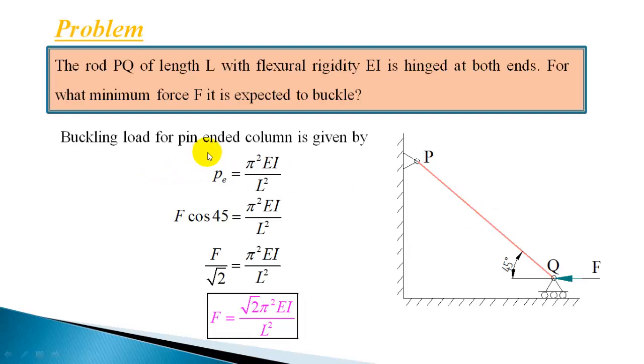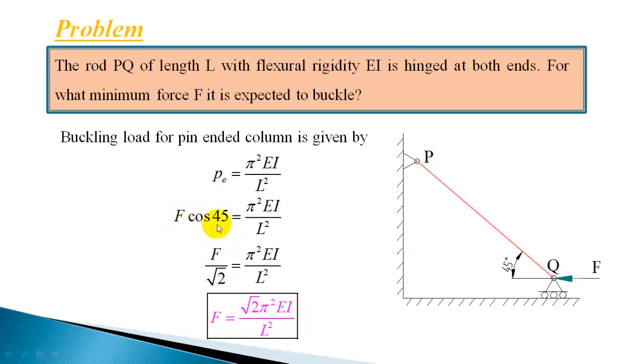The buckling load for a pin-ended column is given by pi square EI by L square. Since it is hinged at both ends, the effective length is L itself. But the component of the force which buckles the rod is F cos 45, and cos 45 is 1 by root 2.